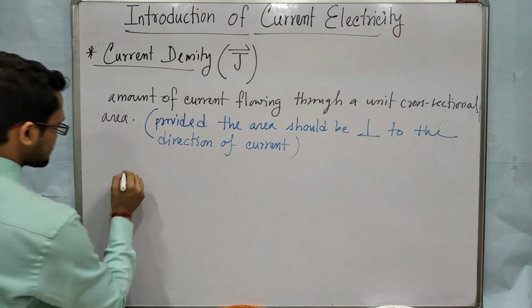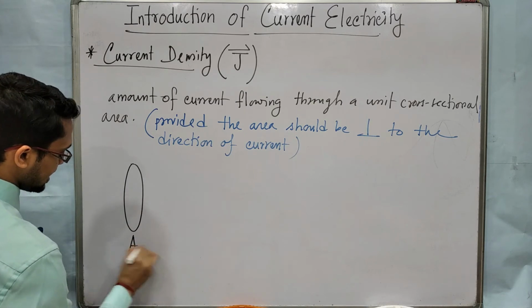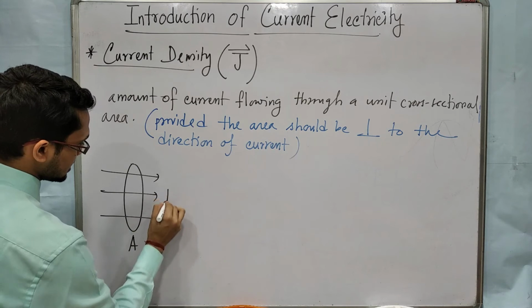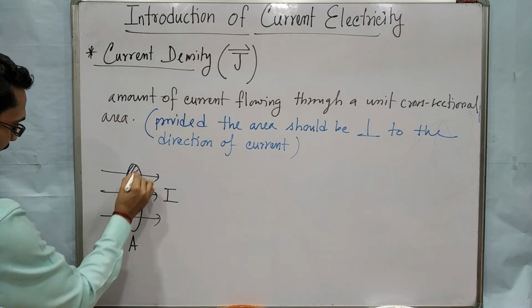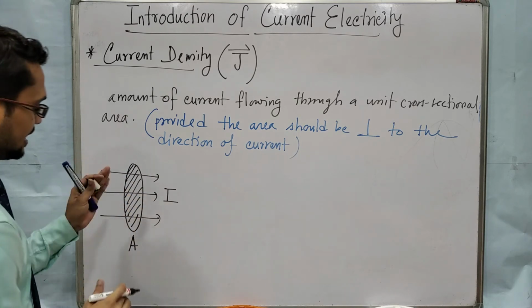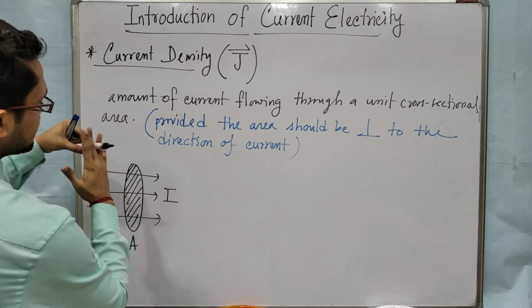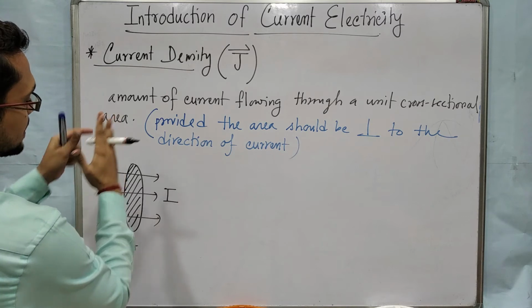So suppose this is a cross sectional area of area A, and suppose the amount of current flowing through this cross sectional area is I, and the direction of current is perpendicular to this cross sectional area. Current is flowing like this, that means perpendicular.